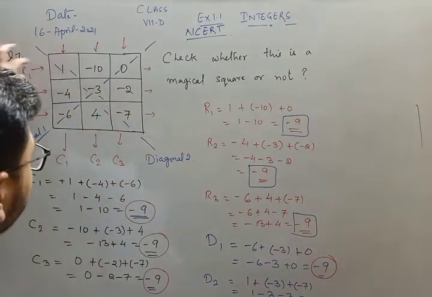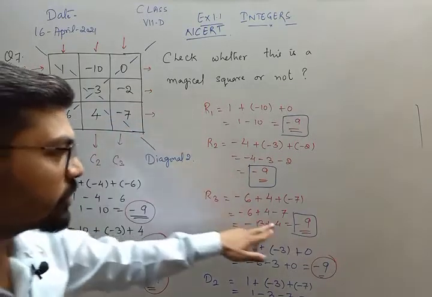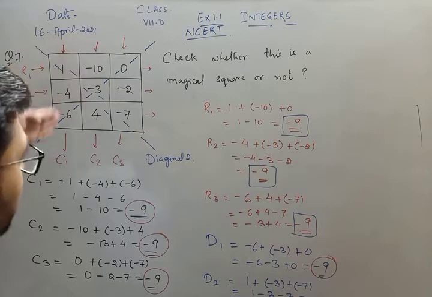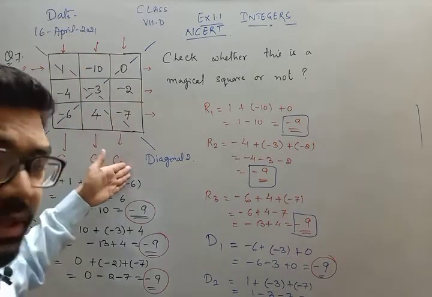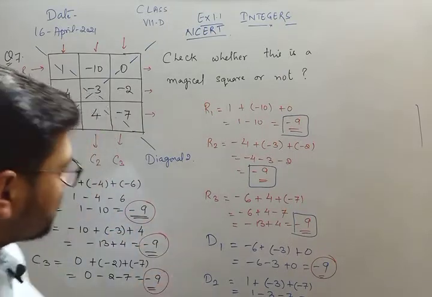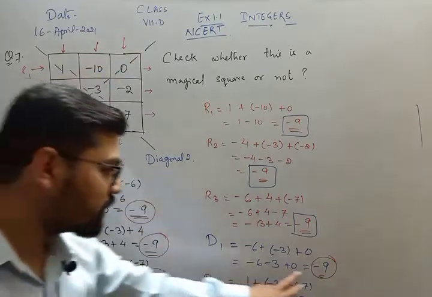Reason ये है बेटा कि जितने भी rows हैं, let's say R1, R2, R3, तीनों का summation आपने देखा कितना आ रहा है बेटा? minus 9. Similarly, summation of all the elements given in C1, C2 and C3. आपने जब देखा summation कितना आ रहा है? minus 9, minus 9, minus 9. Similarly, when you check for diagonals, so diagonal 1 के जो elements हैं उनका summation कितना आ रहा है? minus 9.